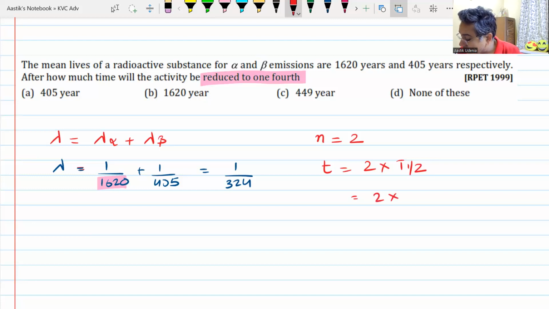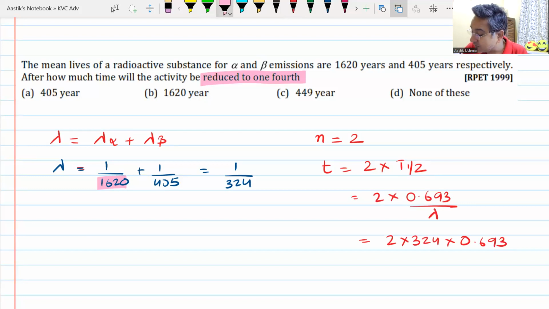So 2 multiplied by 0.693 divided by lambda, and 1 by lambda is 324. So this will be 2 multiplied by 324 multiplied by 0.693. Again, it requires some calculation, but after calculation, you should end up with 449 years. And that is the answer. I'll give you a minute to note this down.